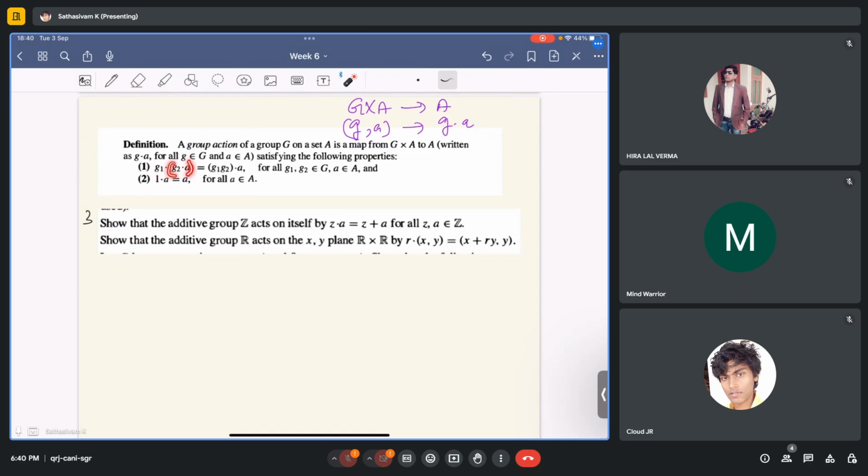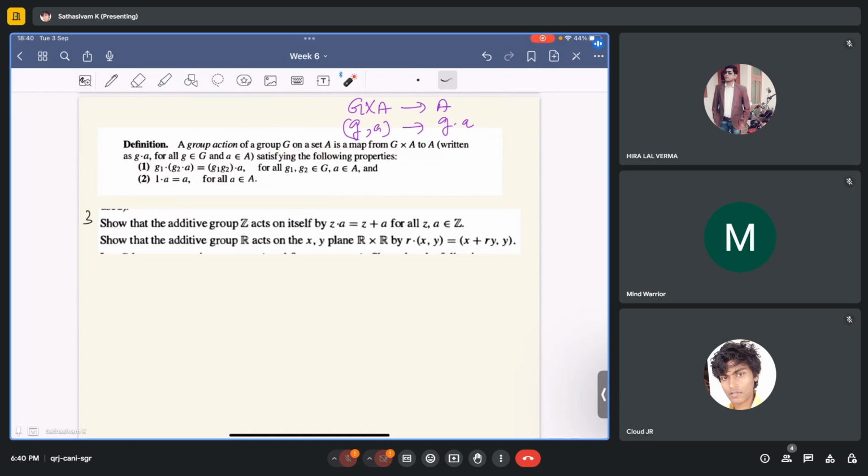If you take one action and then another, it's the same as multiplying the two elements and then taking the action. And the identity has to act trivially, so 1 times A has to be A. Any map from G cross A to A satisfying these two properties, we say that the group G acts on A.